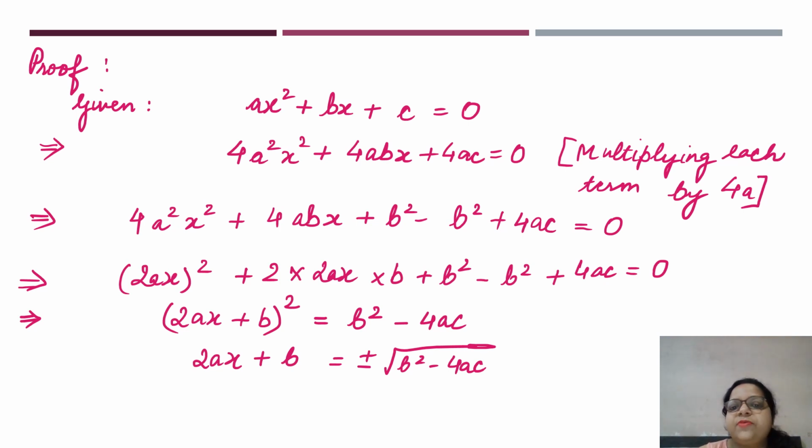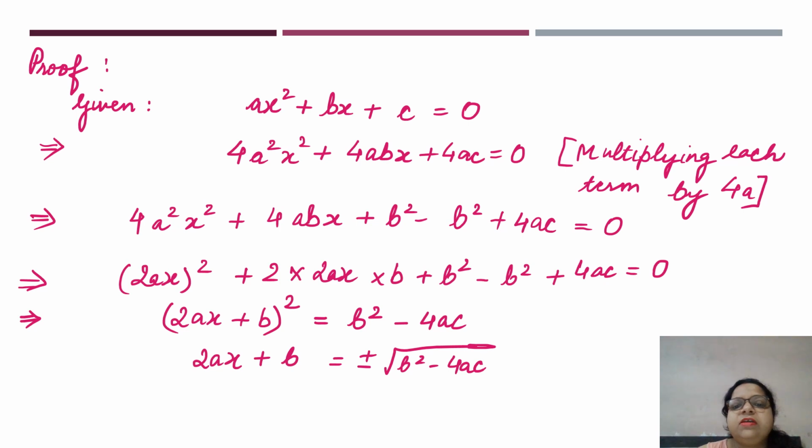Now what we do children, in the next step, 4a square x square plus 4abx plus, we will add and subtract b square to the equation. b square minus b square plus 4ac is equal to 0. So 2ax the whole square plus 2 into 2ax into b plus b square minus b square plus 4ac is equal to 0.